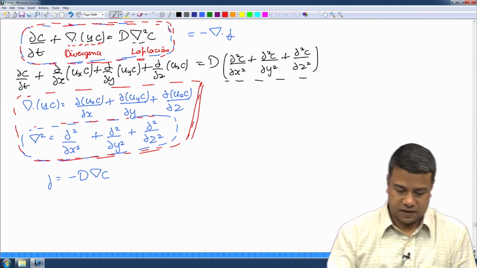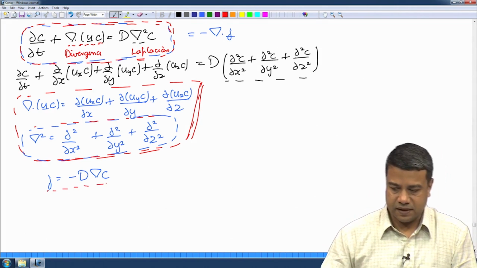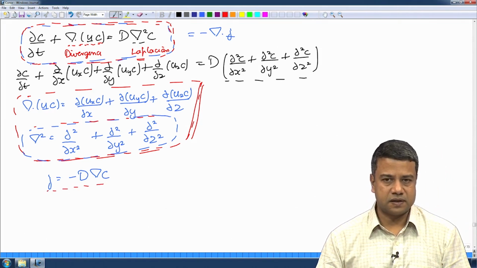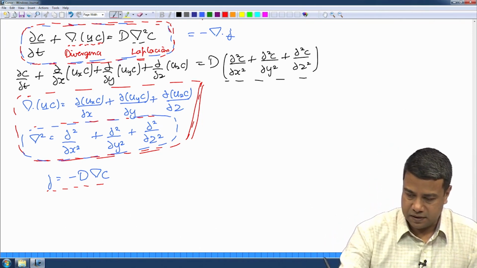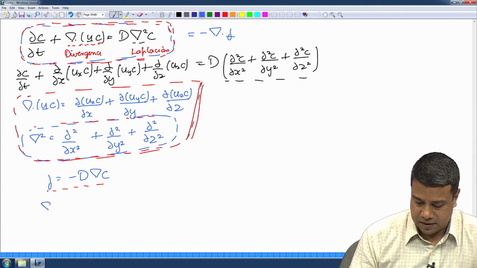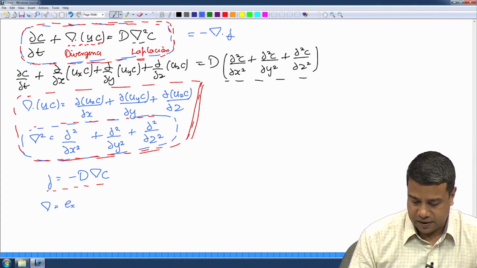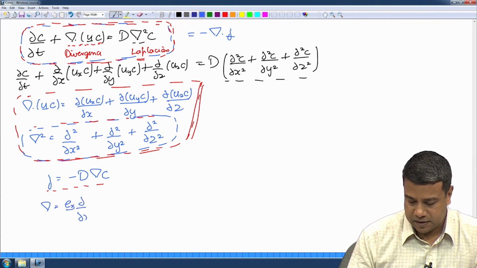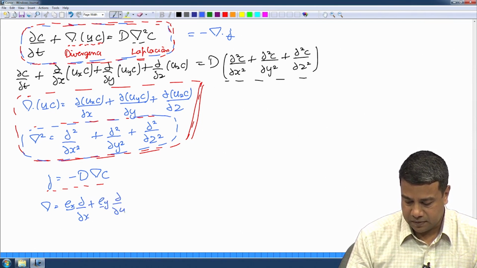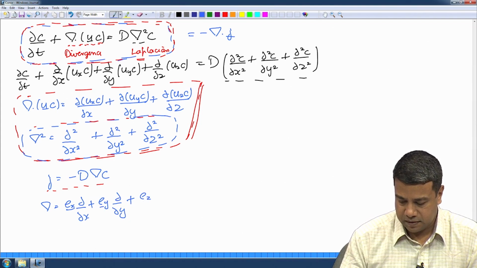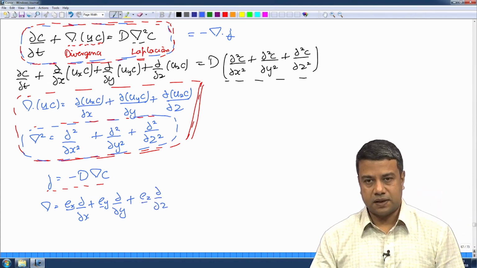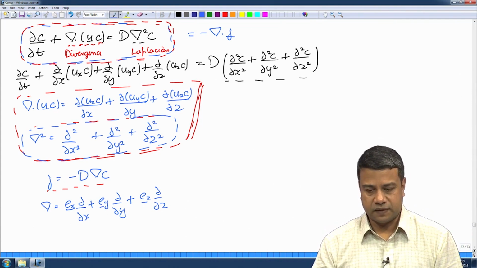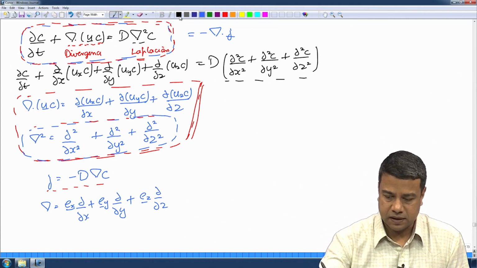The diffusion flux is equal to minus D times the gradient of the concentration. The gradient is a vector operator, written as gradient equals Ex d by dx plus Ey d by dy, plus Ez d by dz, where Ex, Ey and Ez are the unit vectors in the three coordinate directions.